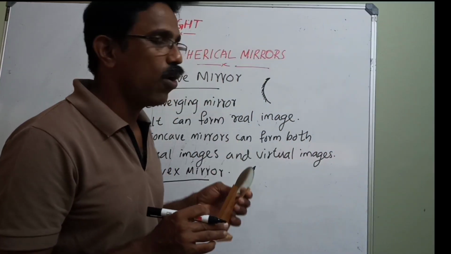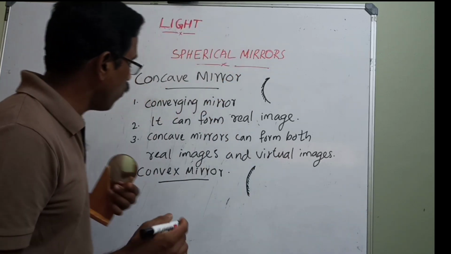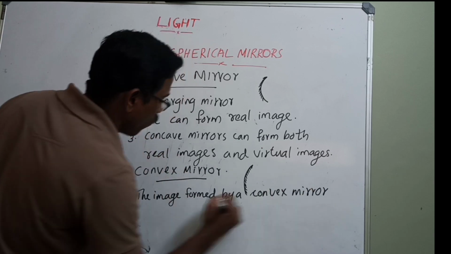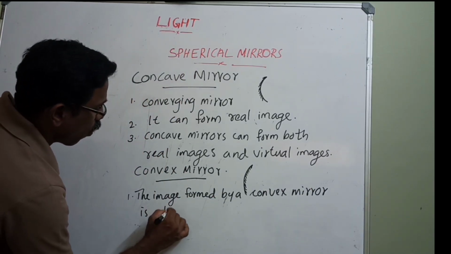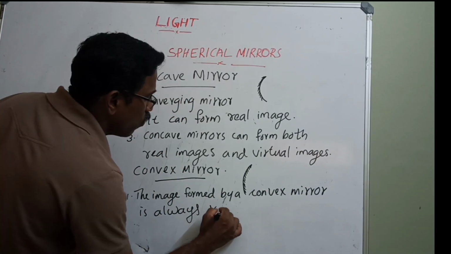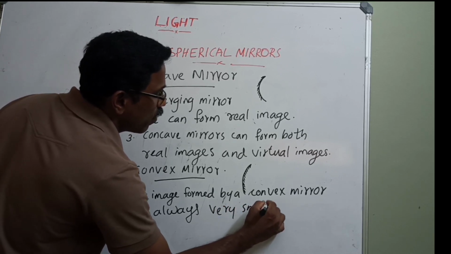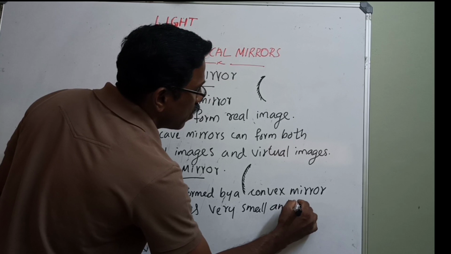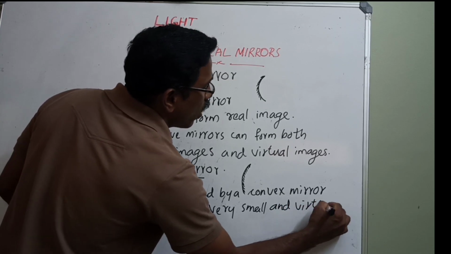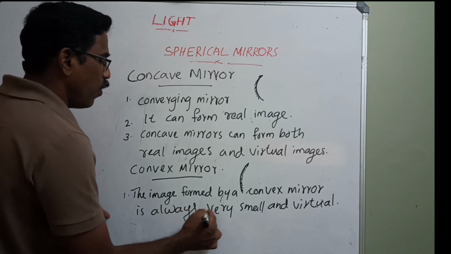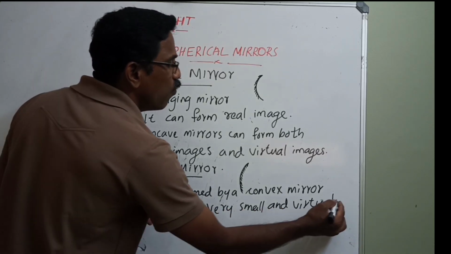A convex mirror can never form a real image. The image formed by a convex mirror is always very small and virtual.